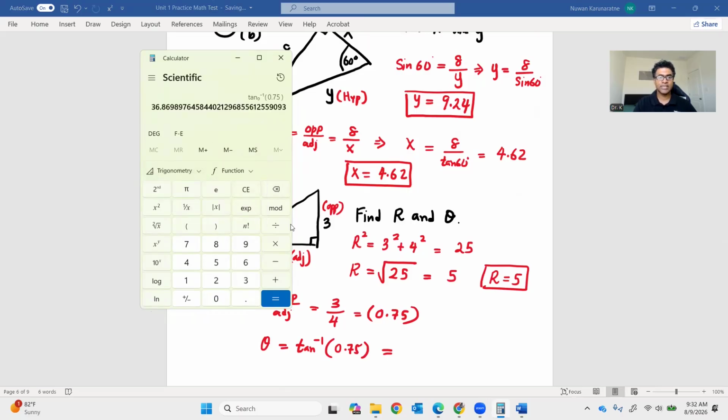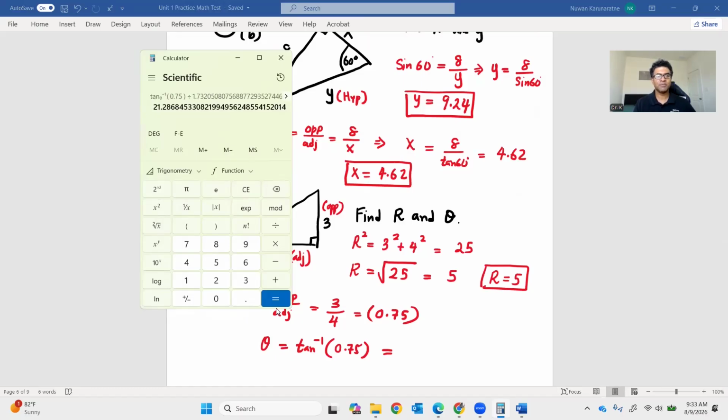Okay, so it takes the answer. 36.9869, I'll say 36.9 for 3 sig figs with 1 decimal place. Okay, sorry, that's not the right one because I have divided that by 1.75. So that's not right.